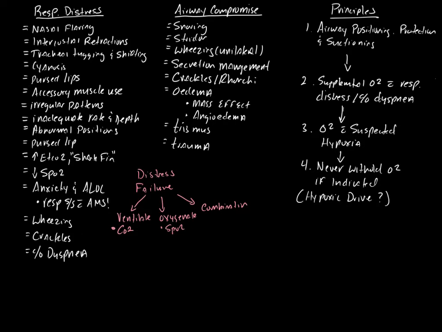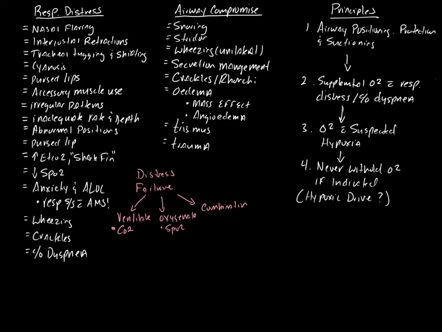And their SATs are very low. They're becoming very hypoxic and hypoxemic, but they're ventilating just fine. They're getting CO2 in and out just fine. That's somebody who has failure to oxygenate, but they're ventilating just fine. So many of these disorders can present as ventilatory failure, oxygenation failure, or sometimes a combination thereof. Okay. You guys okay with that?